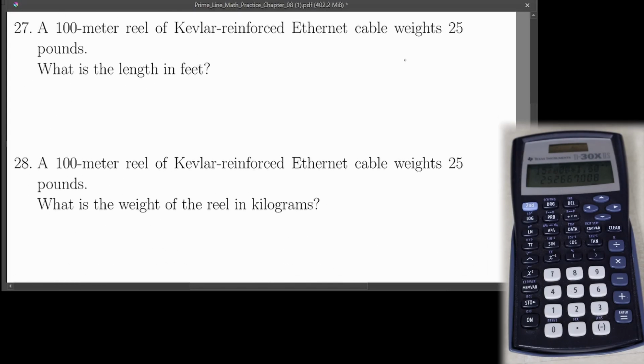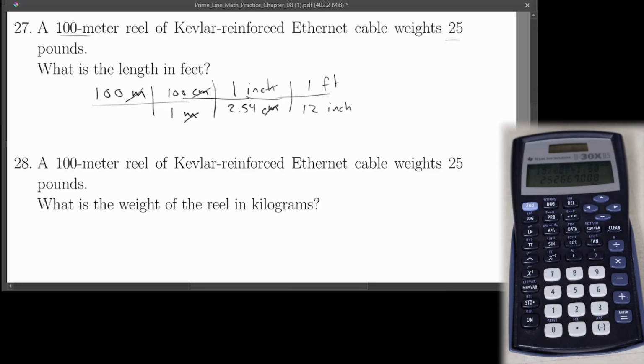Number 27, we have a 100-meter reel of Ethernet cable. It weighs 25 pounds. What is the length in feet? So we're going to go 100 meters, we can say that in 1 meter there are 100 centimeters. Let's say 1 inch is 2.54 centimeters. And then we know that 12 inches is 1 foot. So meters cancel, centimeters cancel, inches cancel, we're into feet, and we can calculate that.